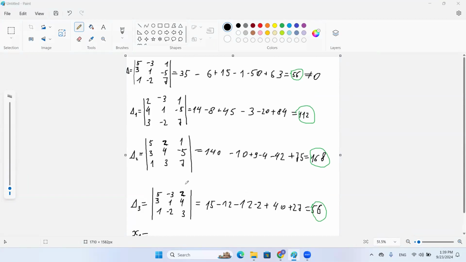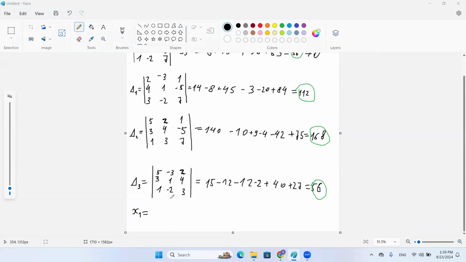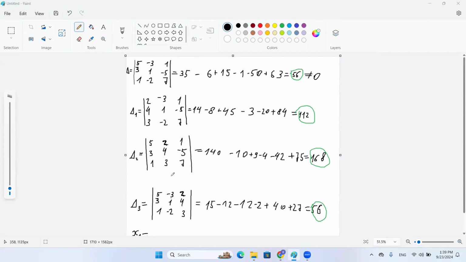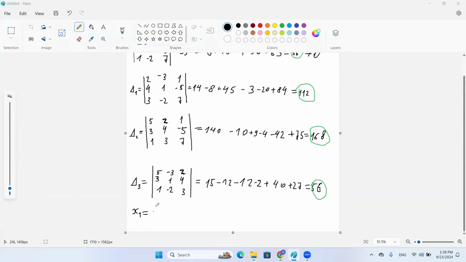So basically the formula is to divide the determinant with number one by the determinant. Like so, 112 divided by 56. So delta 1 by delta. Alexander, did you understand the idea? Yeah, I understand. I already remembered.